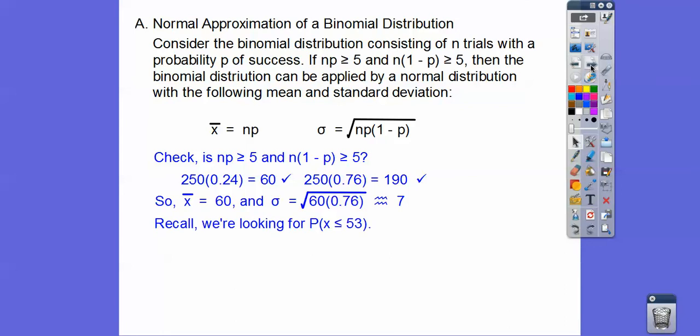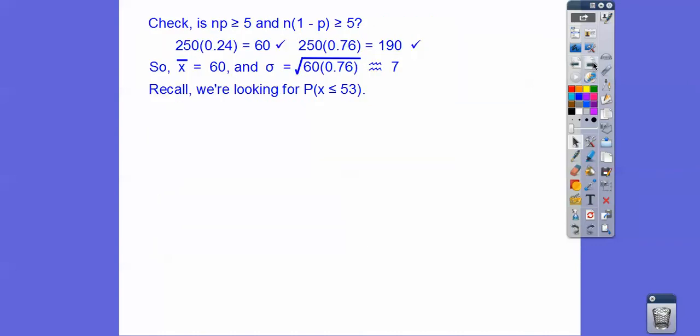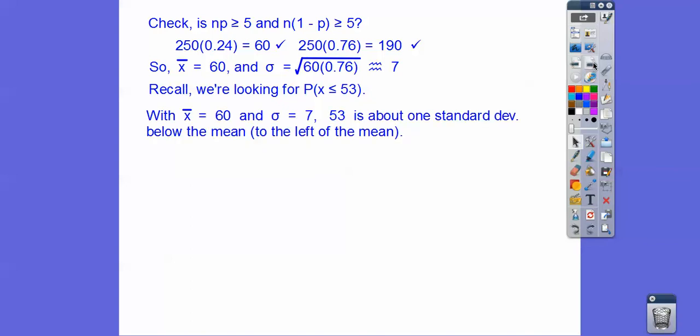Recall we're looking for the probability that x is less than or equal to 53. If our mean is 60, remember from a couple of lessons ago our standard normal curve. 53 is approximately 7 less than 60, so it's about 1 standard deviation below the mean, which means to the left of the mean. Remember we have this groovy standard normal curve.